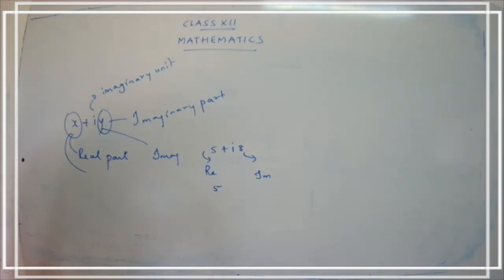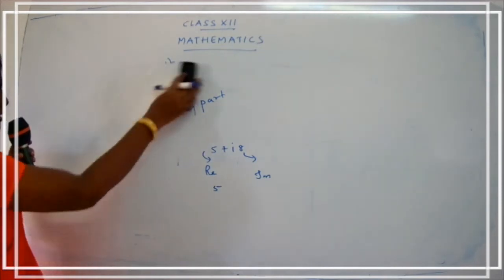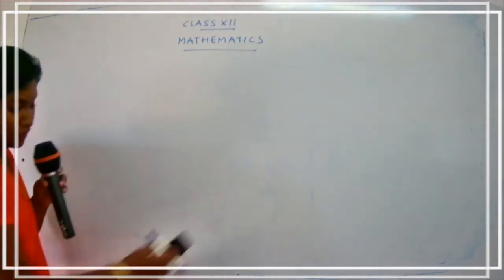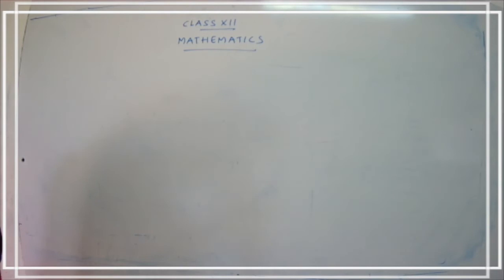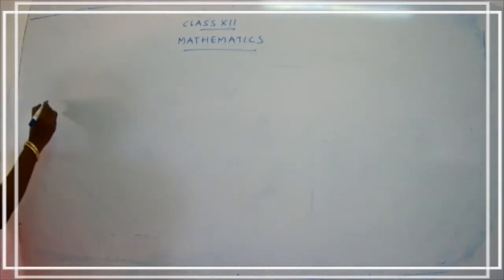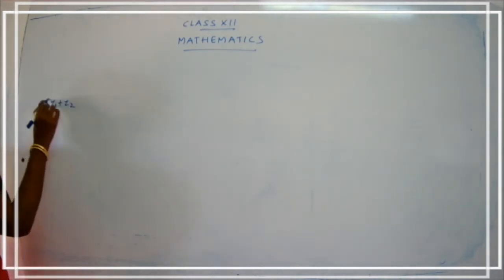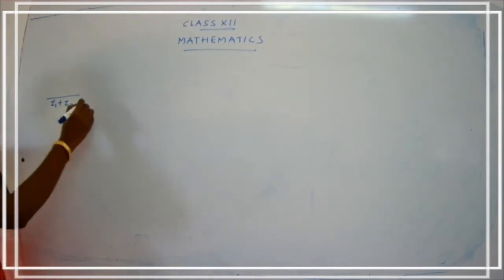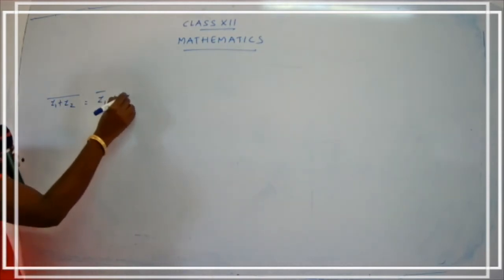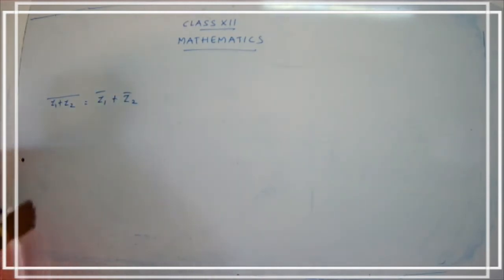Just come to page 61. Let us have a small recap of the properties that we have seen in our previous classes. What was the first property, children? It was conjugate of Z1 plus Z2 is equal to conjugate of Z1 plus conjugate of Z2.